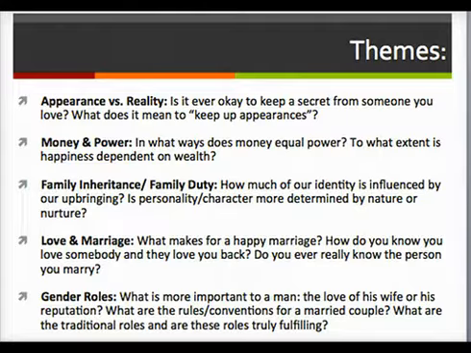And then the second part of this question is, what does it mean to keep up appearances? So on the surface, somebody might seem to have it all together. They might seem to be happy. They might seem to be a good person, or they have the appearance of being trustworthy. But on another level, the reality is that maybe they're falling apart inside, maybe they're a liar, maybe they're a cheater, etc. So you can never really trust surfaces, especially in this play.